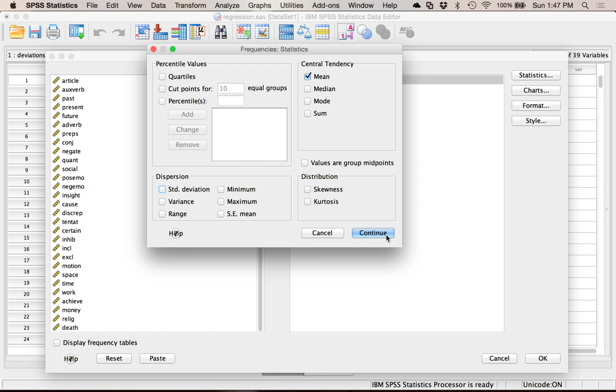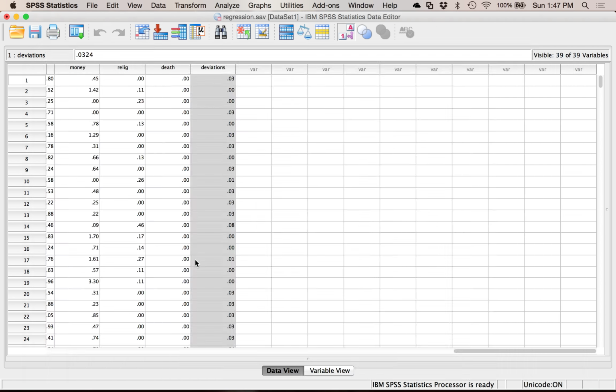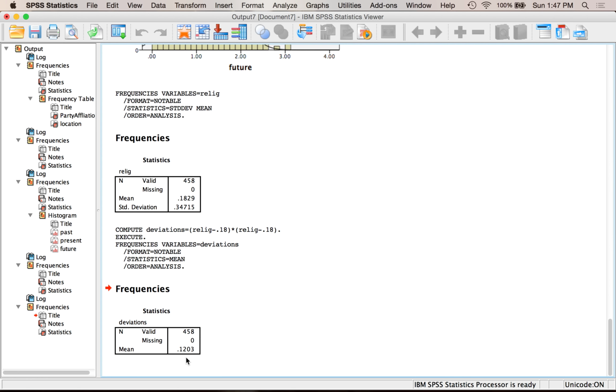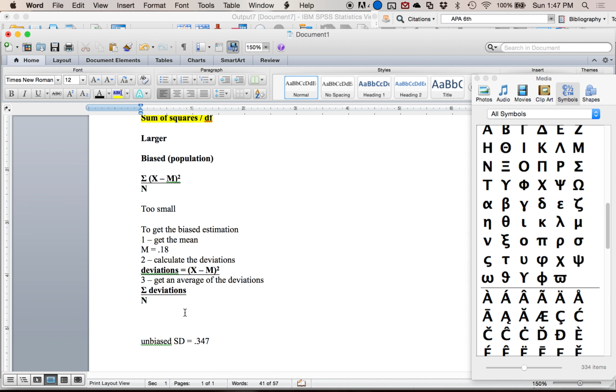Otherwise, you're going to use the wrong number. So hit Continue and OK. The mean is 0.12. So we got our new variance equals 0.12.